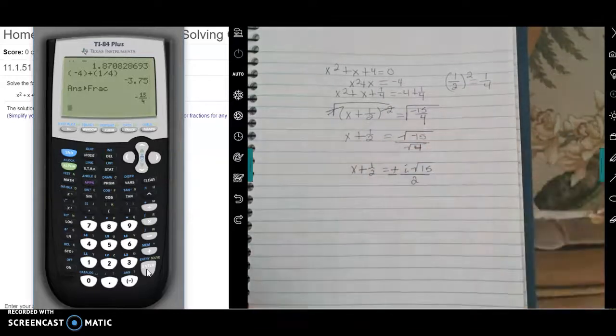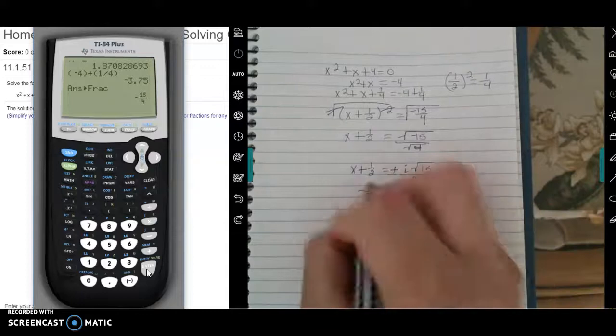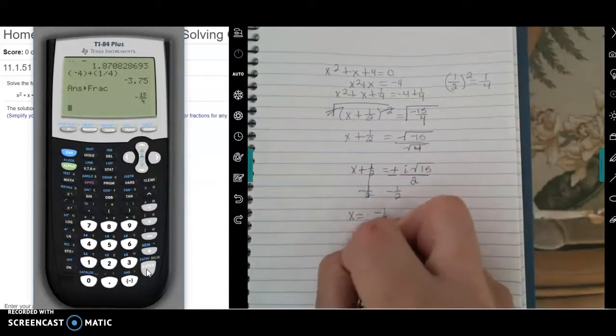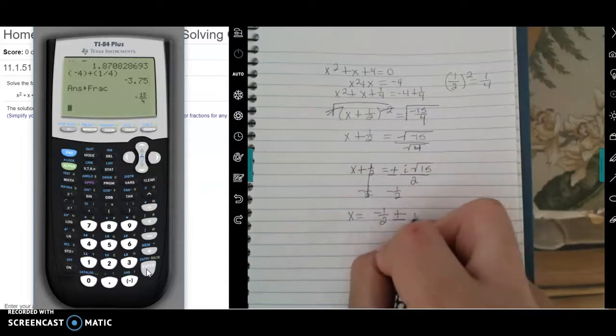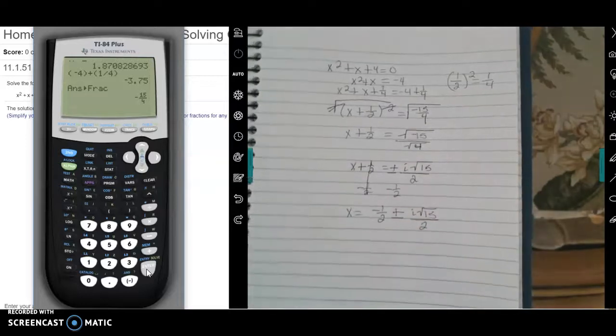So we actually have plus or minus. Okay, and last thing to do is subtract the 1/2 from each side. So that leaves me with x equals negative 1/2 plus or minus i square root of 15 over 2.